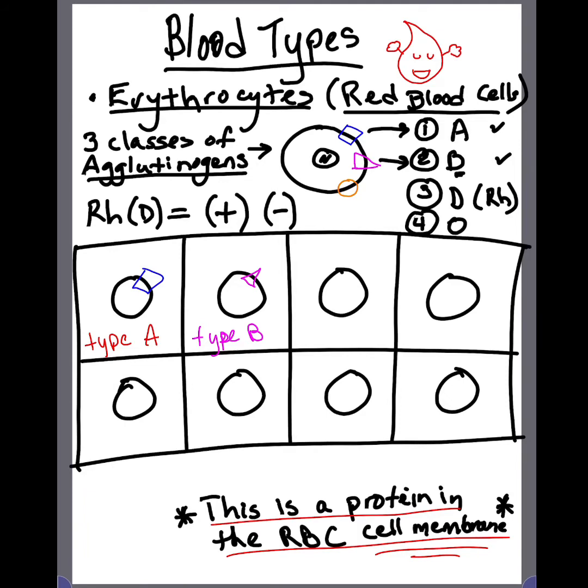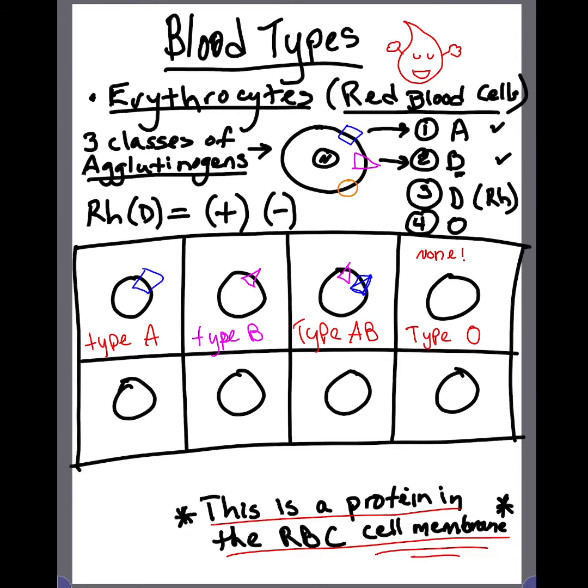Now, if this person has both A and B on the surface, then this person is type AB. And if this person has none of the above, it means this person is type O. Now there's a major distinction because some of these patients are going to be either positive or negative.